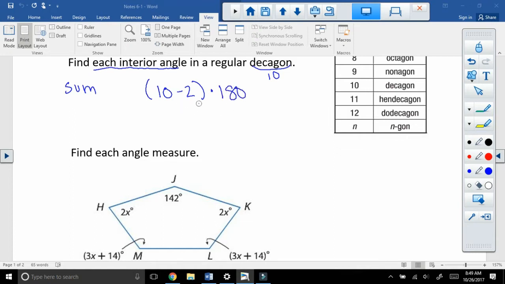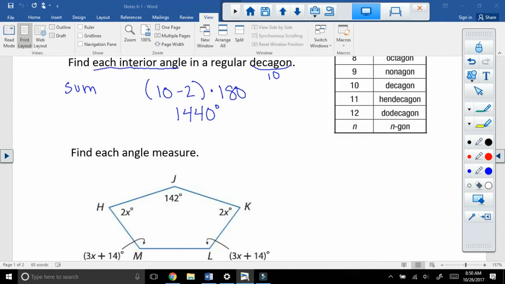So if you grab your calculator again and you take 10 minus 2, you should get 8. And when you multiply that by 180, what do you get? 1,440. Thank you. 1,440 degrees.